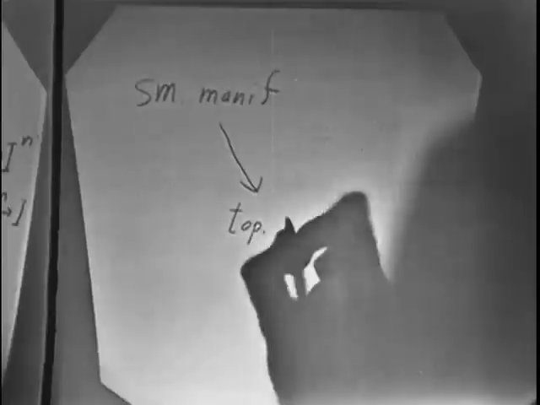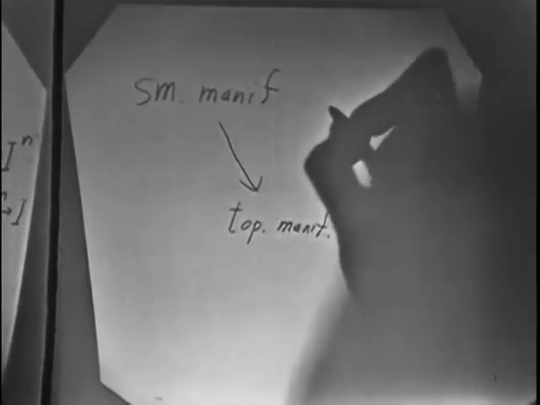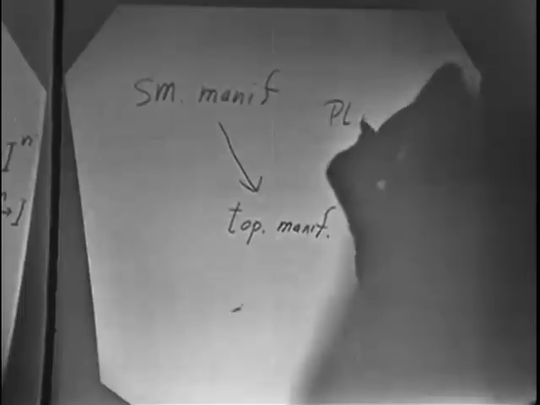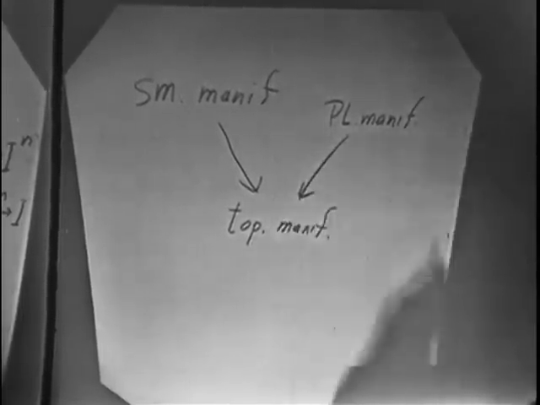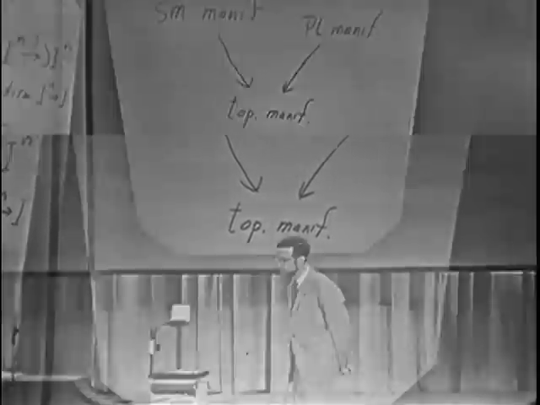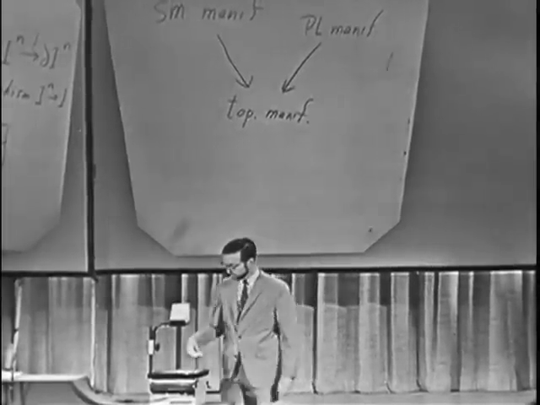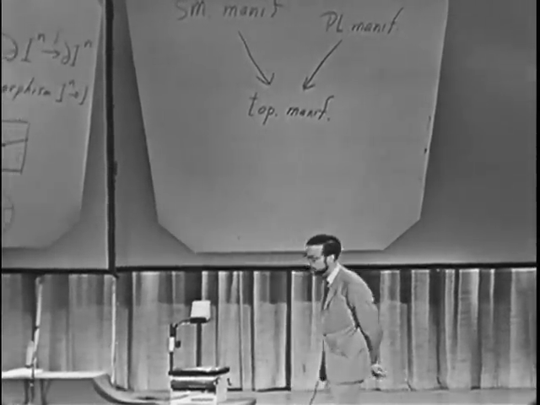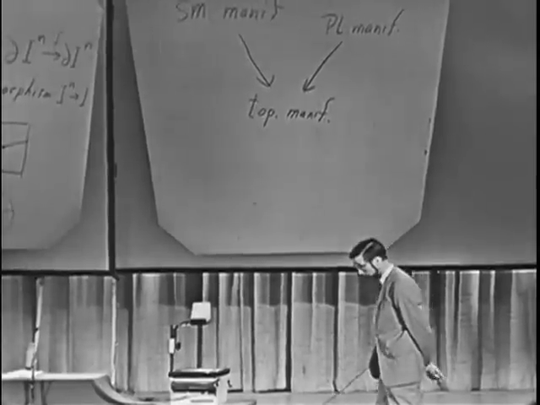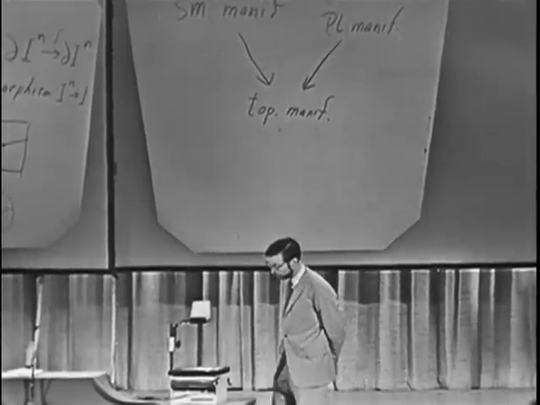If we have a smooth manifold, it gives rise to a topological manifold. And similarly, if we have a piecewise linear manifold, it gives rise to a topological manifold. So that we seem to have a situation in which the smooth and piecewise linear theories lie at about the same level. Now, actually, one can go a little sharper.